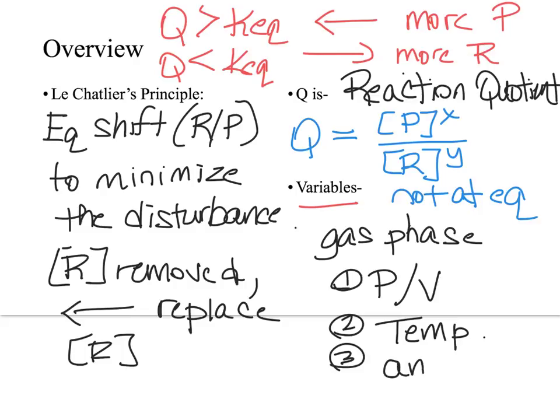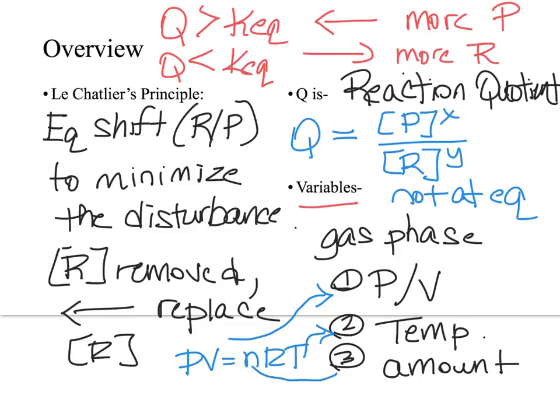Amount. Okay, so this goes directly back to the ideal gas law. PV is equal to nRT. We have pressure, volume, we have temperature, and we have amount. Remember that R stands for the gas constant.